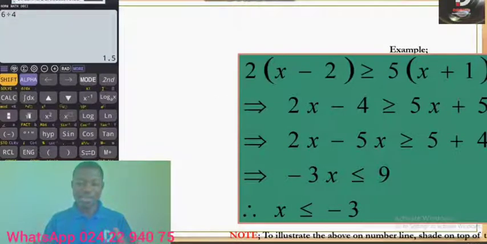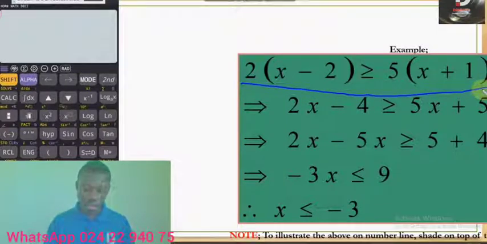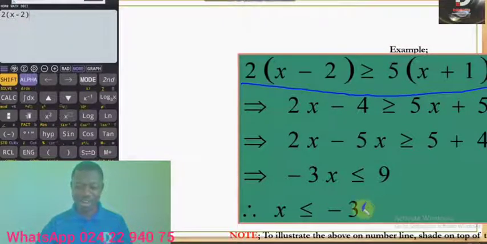Alright, looking at this example, let's go straight to our calculator. This example said solve the inequality. That is the question. So let's go. What do we have? 2, bracket, x (alpha bracket), minus 2, I close my brackets. Here put the equal sign. We are interested in getting the value first. After that we determine whether it was this or that.